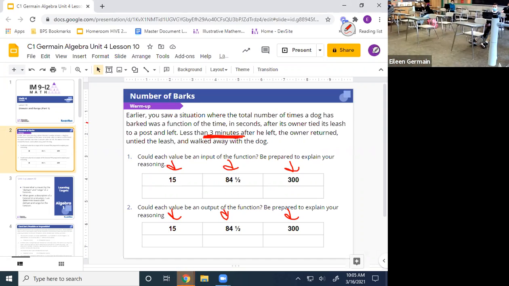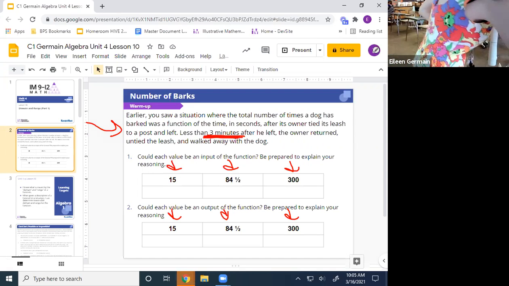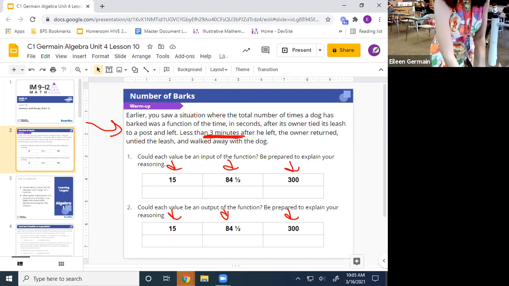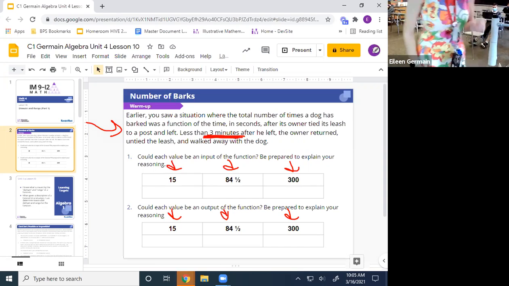Think about the function sentence, barks is a function of time, what each one represents, input versus output. And decide, can all 3 of these numbers for both situations be considered inputs and outputs? I want you to take 2 minutes right now to look at these scenarios and start to make decisions. And I'm actually going to say 1 minute.